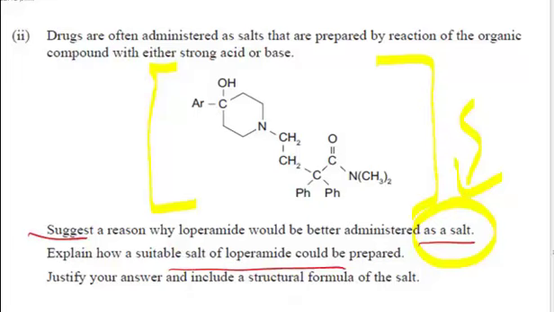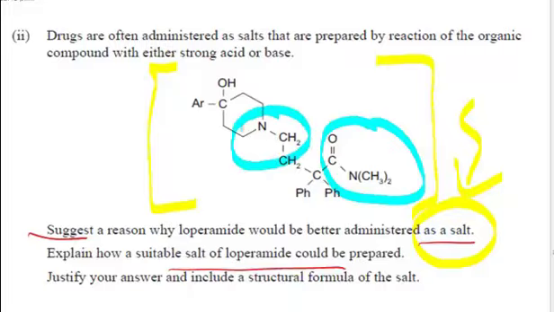We've got an amide group here, so you might be thinking of amide hydrolysis. And then we've got an amine group here, and that's a base. If you go through the combinations, hydrolysis would mean breaking this off, which isn't going to make the kind of salt that you want, because it would completely change the structure.